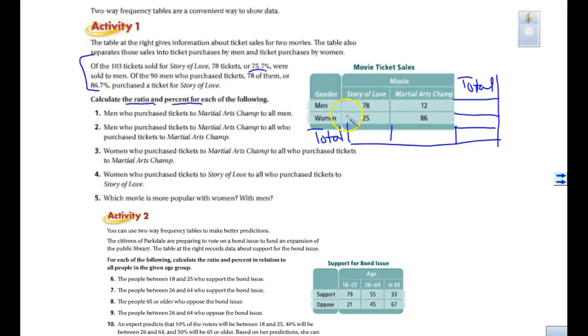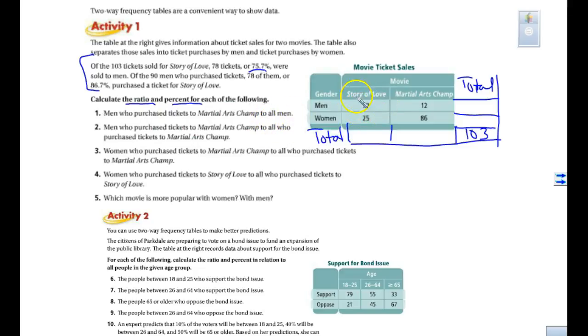If we are looking first at our ratio, our total they told us was 103. So this is the 103 people. Can you fill in the rest of these totals? It says men who purchased the tickets to all men.